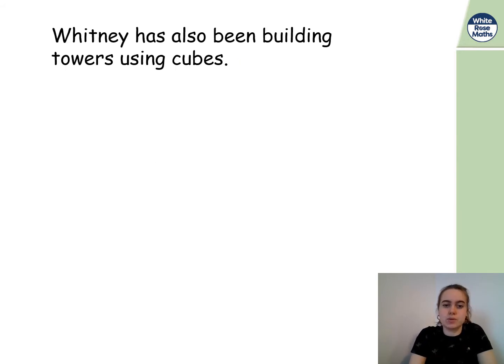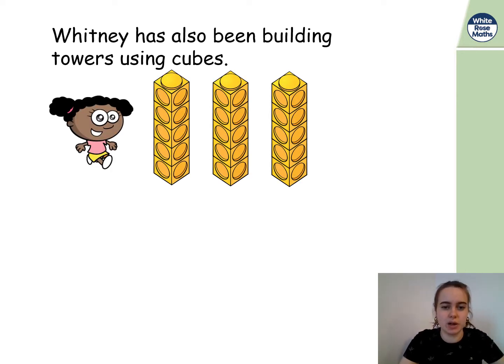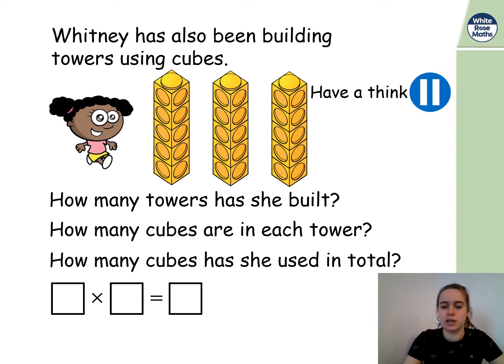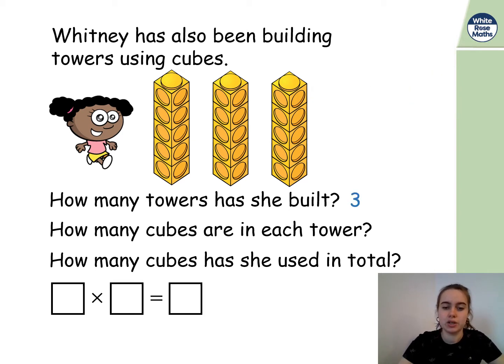So Whitney has also been building towers using cubes. So remember, not 2s this time, 5s. We have got some towers. Now you can pause the video here and I'll give you the answers in just a second, but try answering those questions. So how many towers has she built? That's right, she has built 3. How many cubes are in each tower? There are 5.